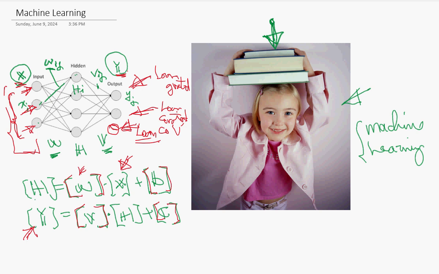It's too risky to loan to this person. So AI potentially can replace this, only if we determine W, V, B, C.